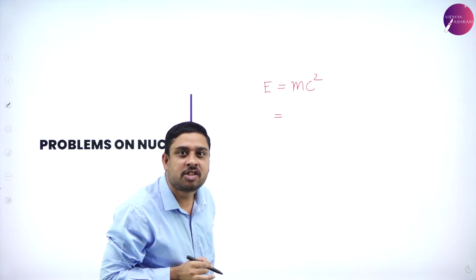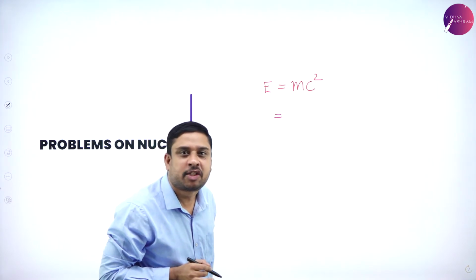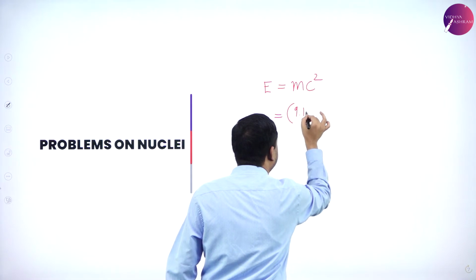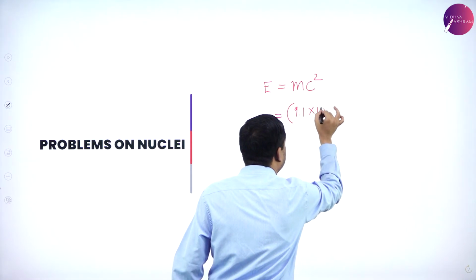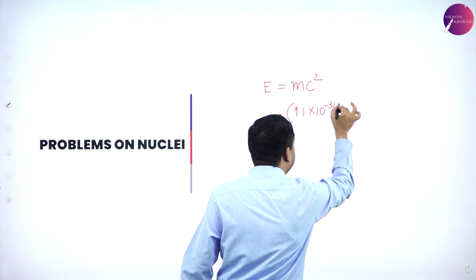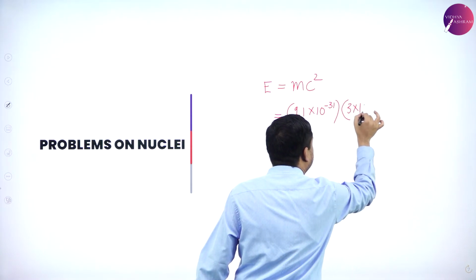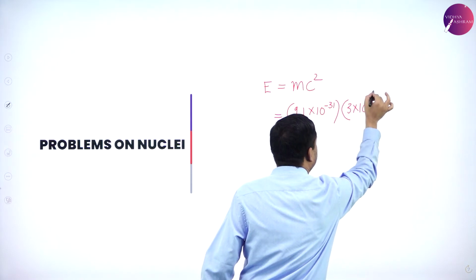What is the mass of the electrons given? 9.1 into 10 power minus 31, into 3 into 10 power 8 whole square.